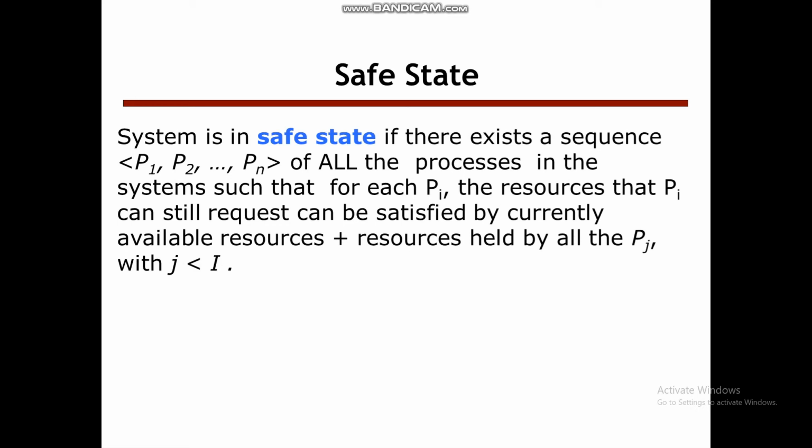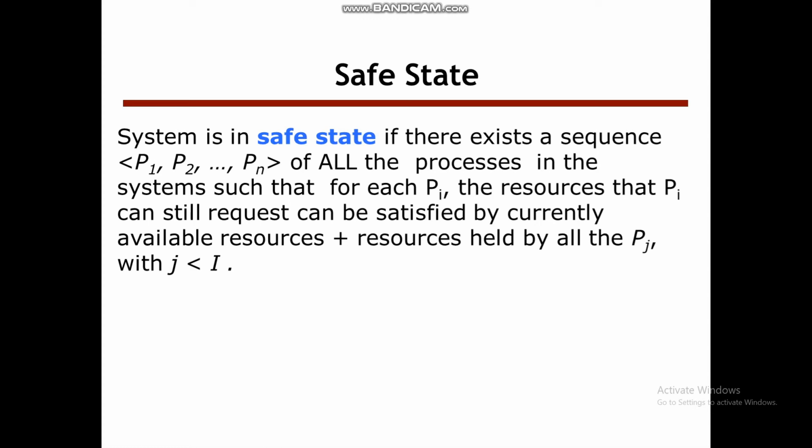A system is in a safe state if there exists a sequence of processes P1 to Pn such that enough and sufficient resources can be allocated for the requesting processes. That is, currently available resources plus the resources held by all the processes can be sufficient.